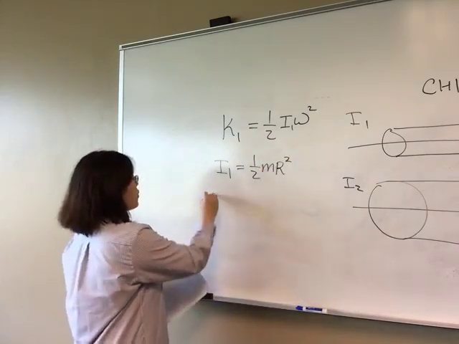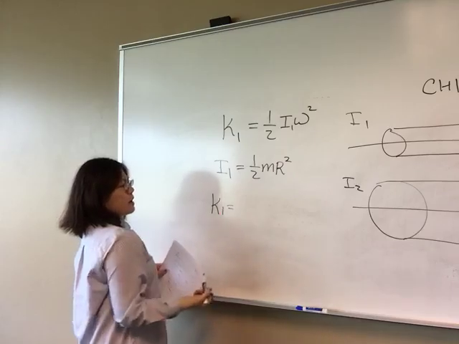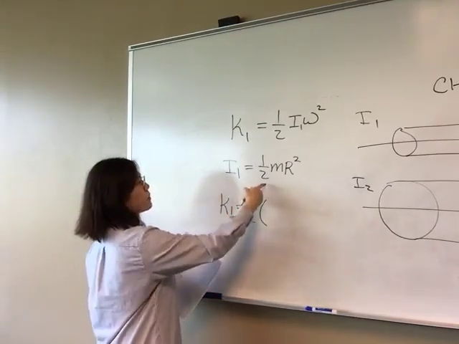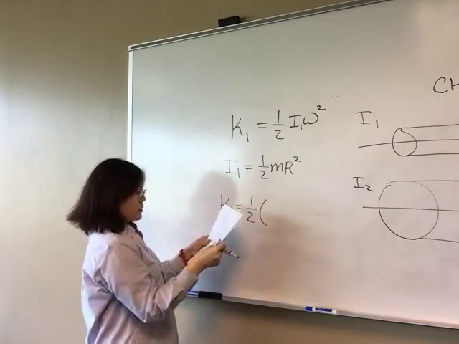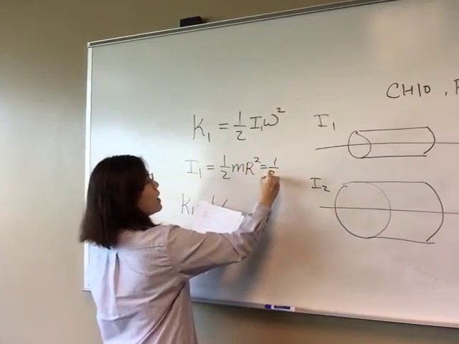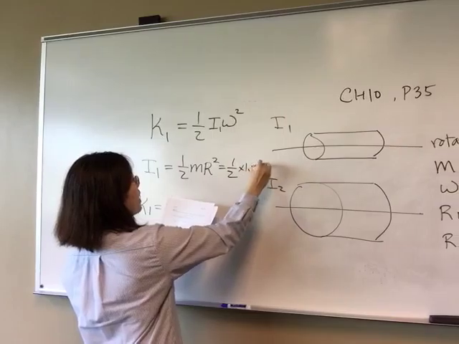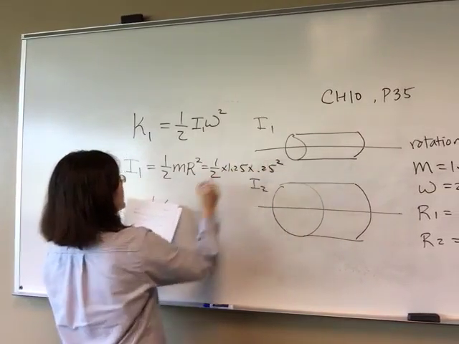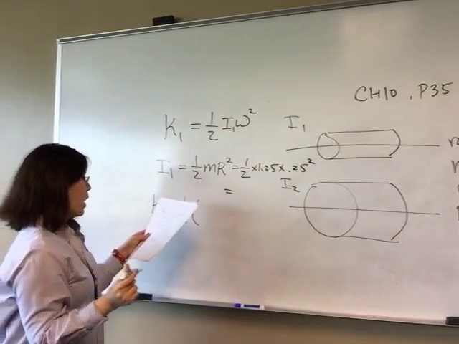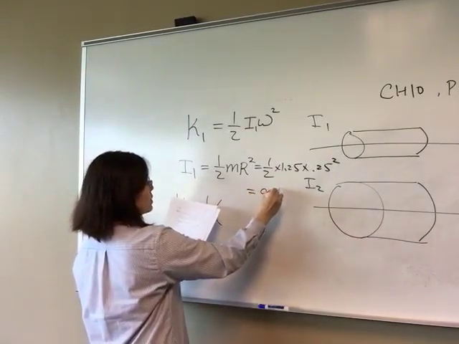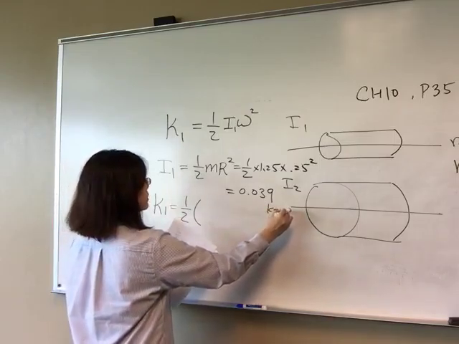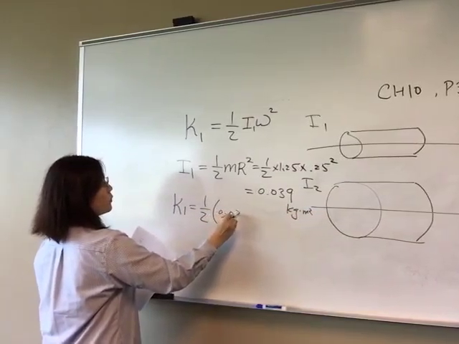So when you plug in the numbers, you have 1/2 times 1.25 times your R, which is 0.25, squared. So your I1 is 0.039, and the unit is kilogram times meters squared.